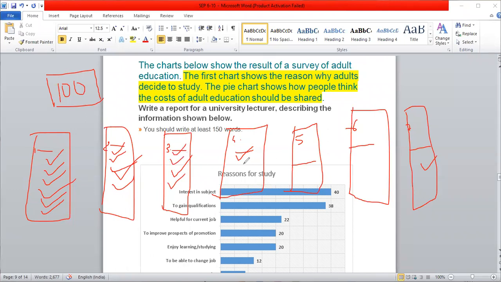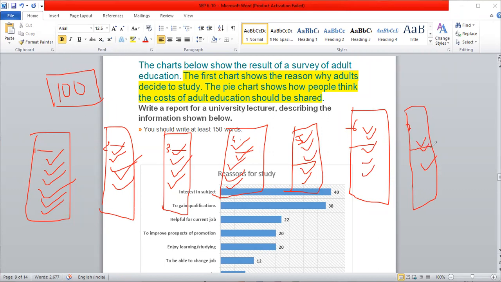In the fourth, improve prospects of promotion, only 20 marked it. Enjoy learning or studying, again 20 marked it. To be able to change job, only 12 marked it. And to meet new people, only 9 marked it.